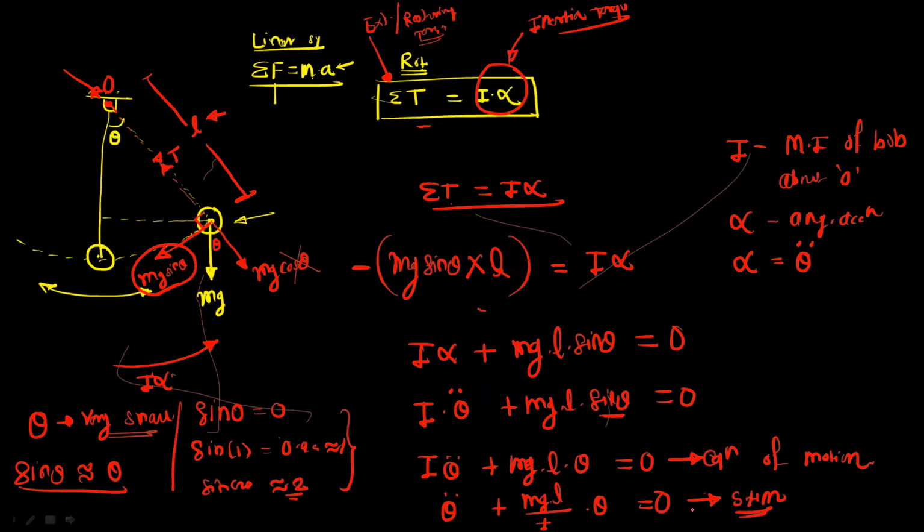Okay. So what is the equation of simple harmonic motion? For simple harmonic motion, we have the equation x double dot plus omega square x is equal to 0. So here x represents the linear term. So this equation is for the linear motion or linear oscillation.